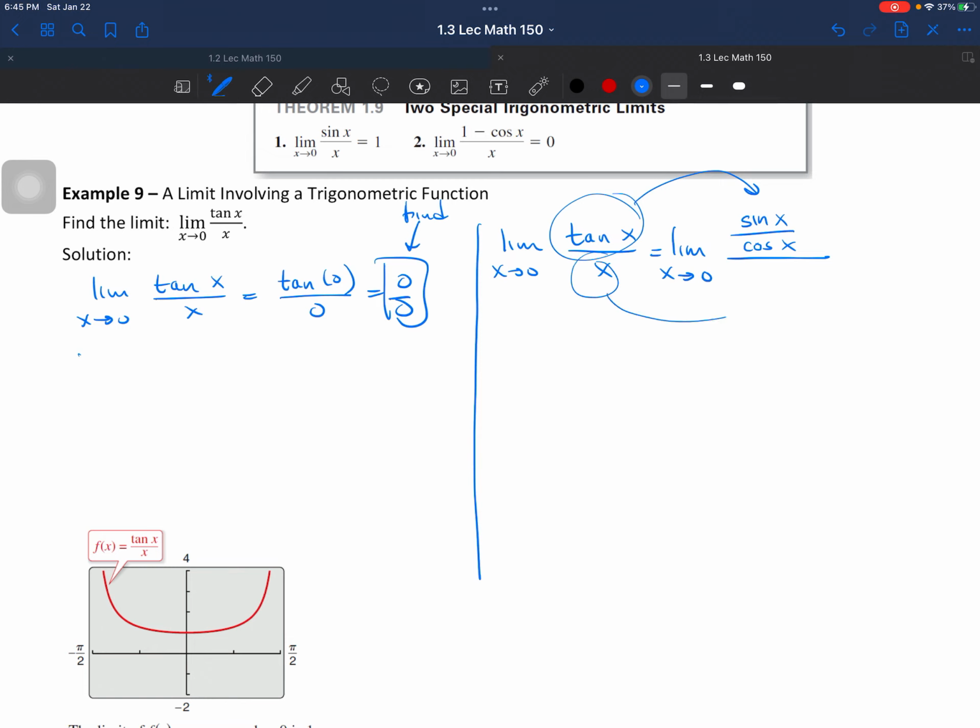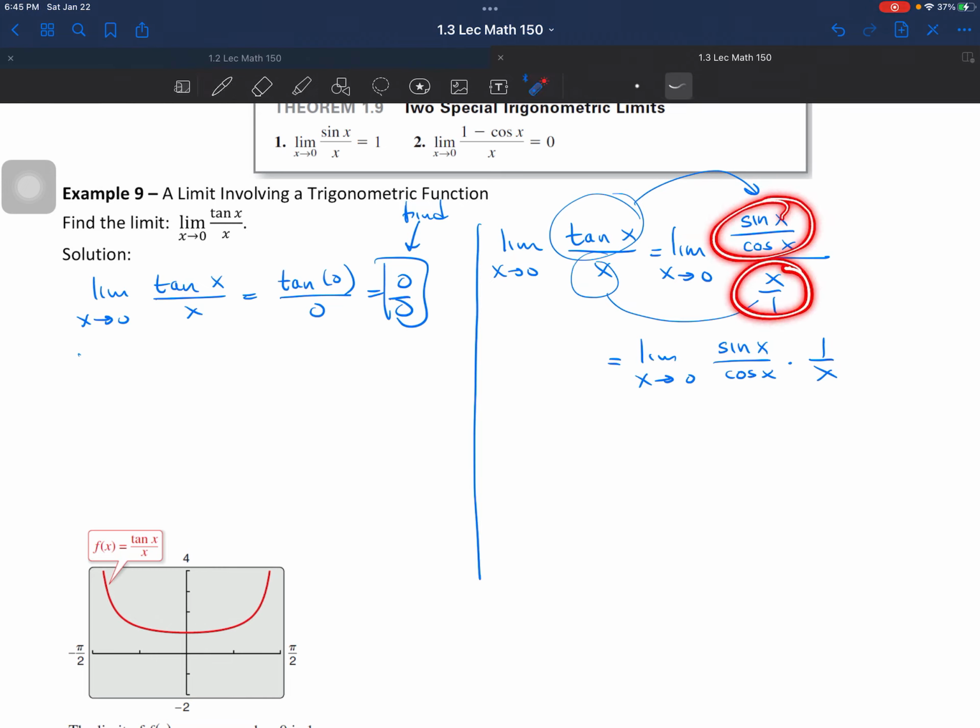And this x is this x over here. So I'm going to do some algebra and rewrite this as sine of x over cosine of x times 1 over x, right? So you can change a division into a multiplication by using the reciprocal. Do you guys remember that?